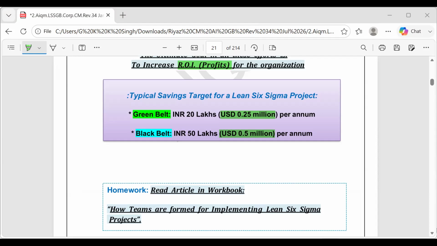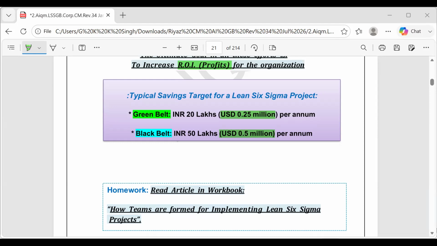And this is the saving confirmed by the champion, that is the process owner, and the final validation by the finance director. So this is the certification which ultimately shows the benefit out of the project. This kind of calculation you are supposed to do at the end of the project.